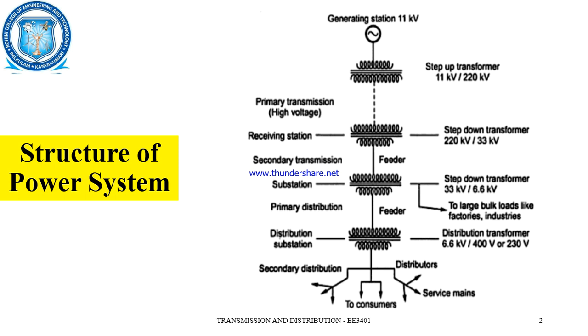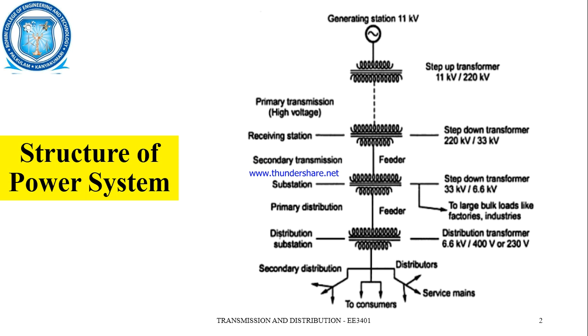Bulk factories, industries, large scale industries which have their own substations, who have step-down transformers within their premises, get the 11 kV or 6.6 kV voltage supply directly from the electricity board to their premises, where they step down the voltage according to their needs.